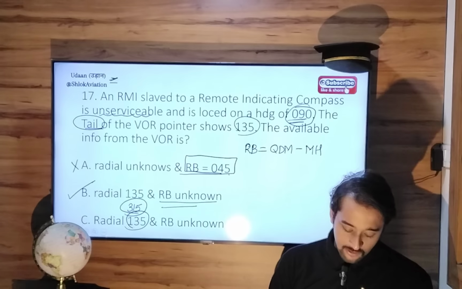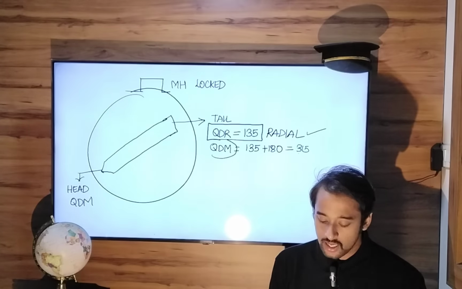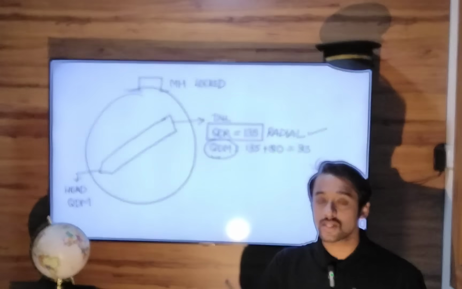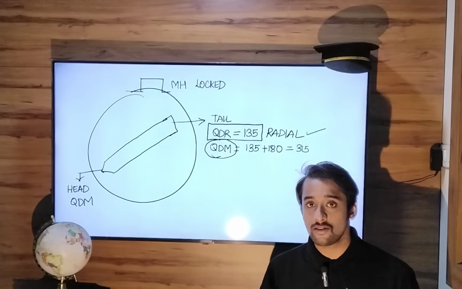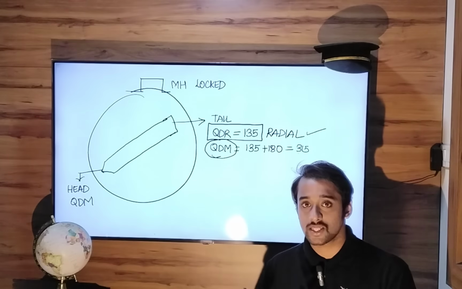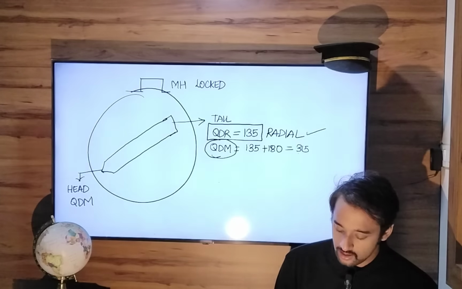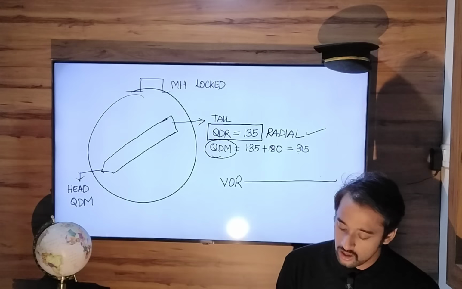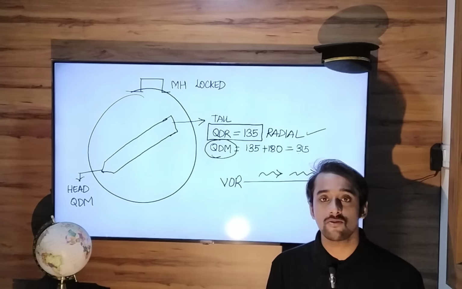Now radial 315 is wrong because 315 is your QDM, which is tracked towards the station. QDM is not your radial. QDR, which is tracked away from the station, is your radial. What is the job of a radial? The job of a radial is to take you away from the VOR station.